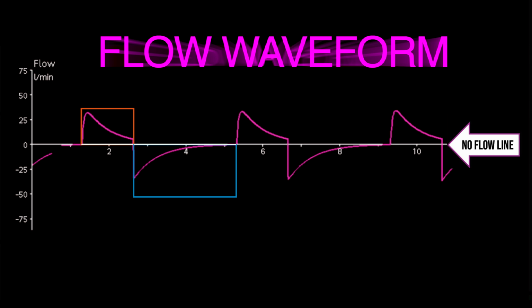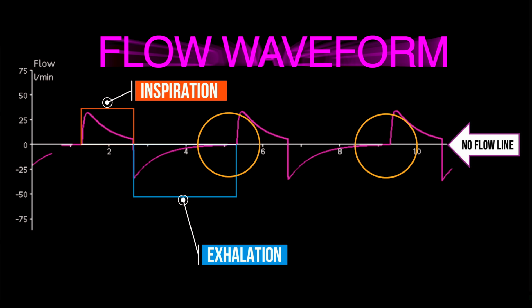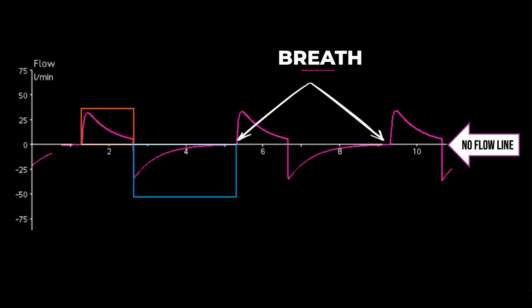The waveform above zero flow visually denotes inhalation and exhalation below it. At the end of exhalation, the flow waveform should return to the no flow zone until the patient or ventilator triggers the next breath. Let's dive deeper into what we learn about our patient's ventilation status by examining the flow waveform.